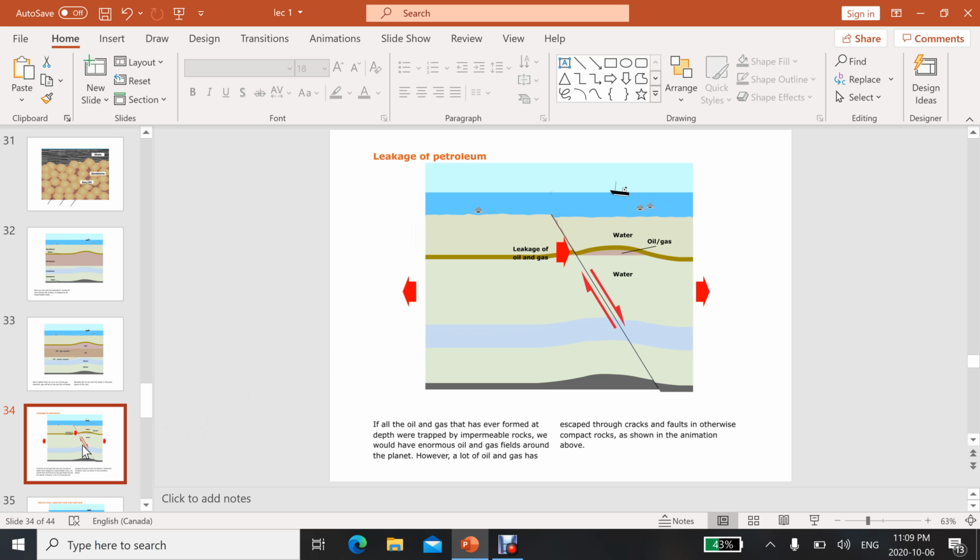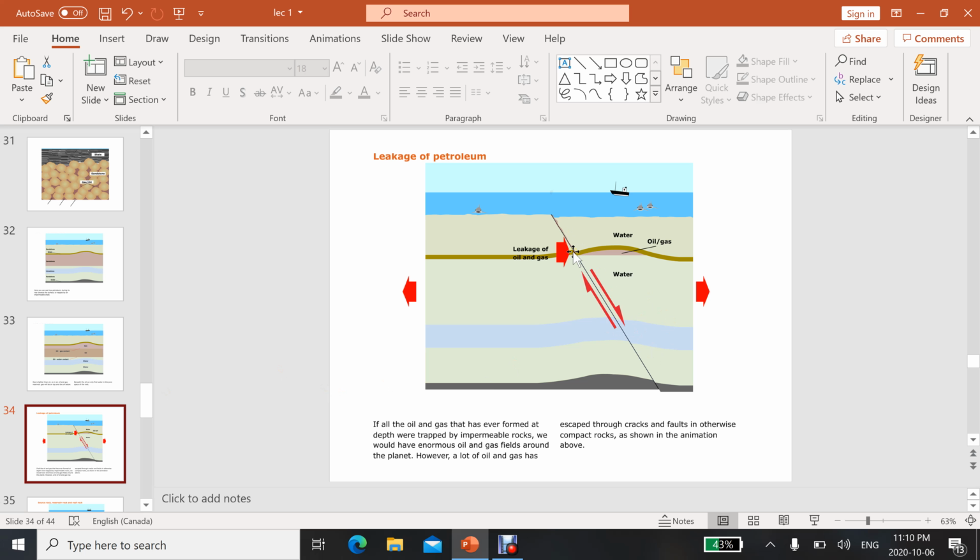Similarly, here is one example of leakage, how petroleum or oil and gas can be leaked. As you can see, this is the fault line, and these red arrows downward and upward are showing some fault plane.